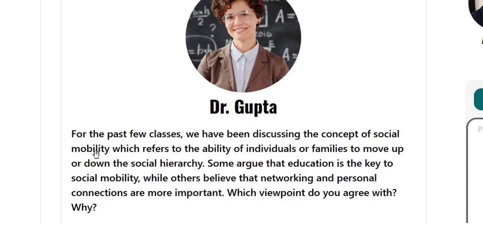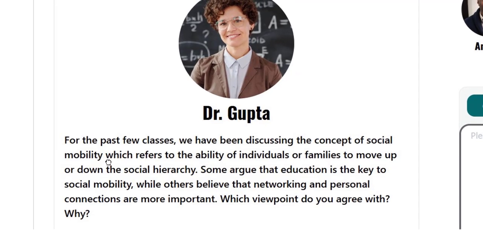If you remember, in our last classes, we have studied context clues. And one type of context clue was definition. This is a context clue that defines the word social mobility. I think you don't know what social mobility is, so it's an unfamiliar word.